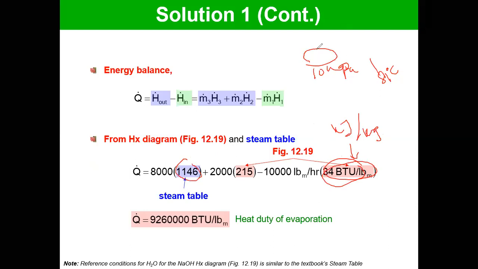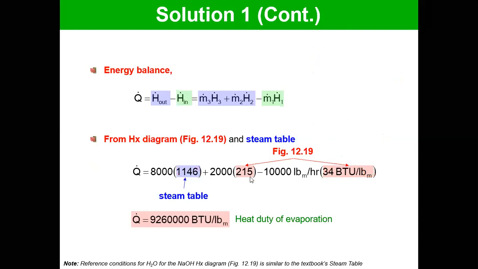So how about this one, 215? How can I determine this one? If you refer to figure 12.19, which is actually for the NaOH.